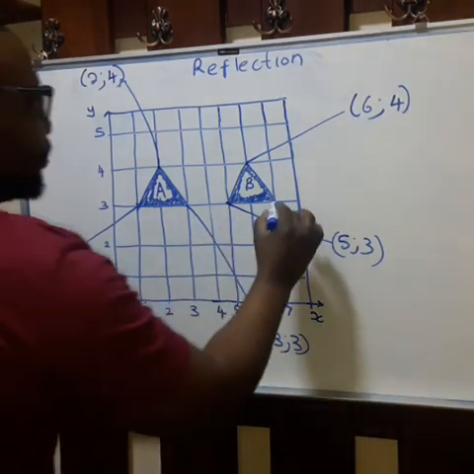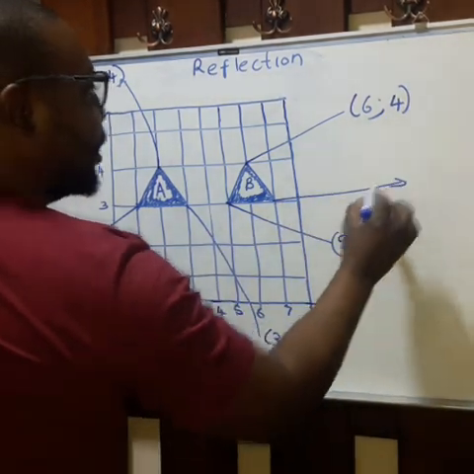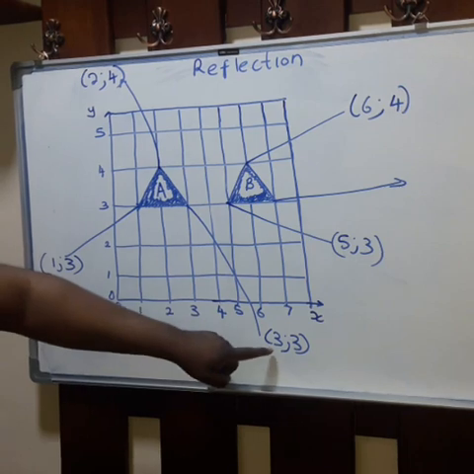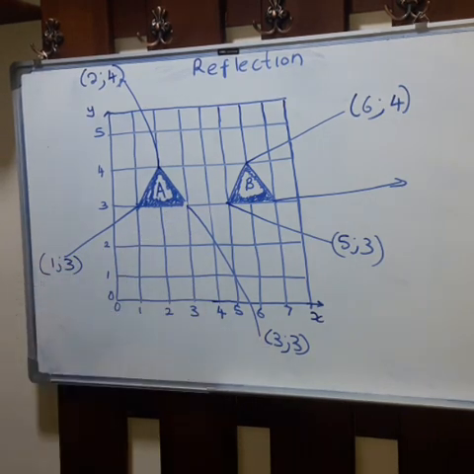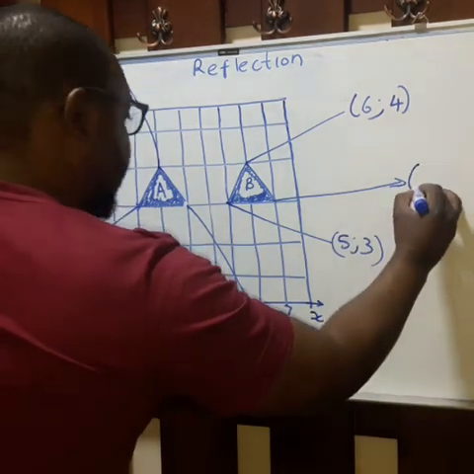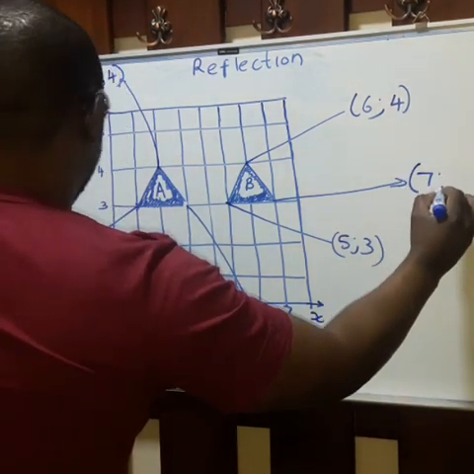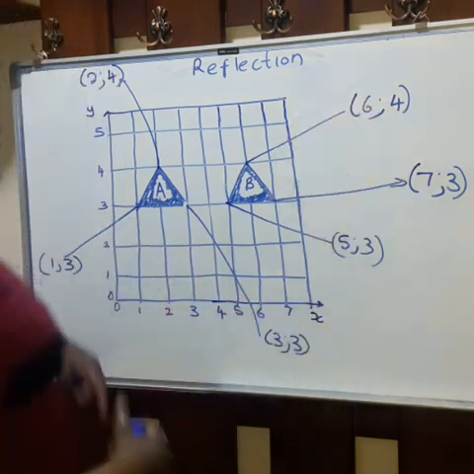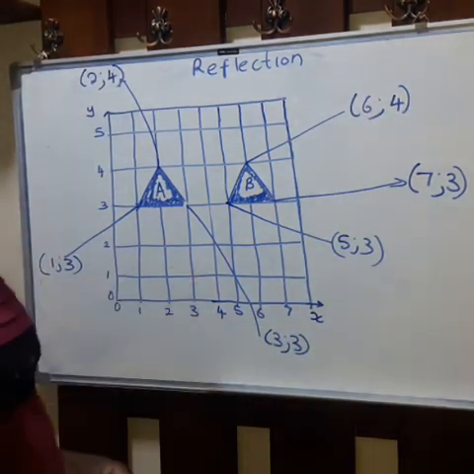The third corner, initially it was 3, 3, okay? Now it has got new coordinates, and these are 7, 3, okay? So these are the new coordinates for the image, okay?